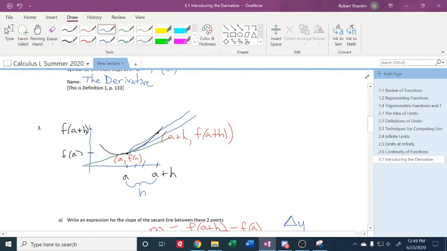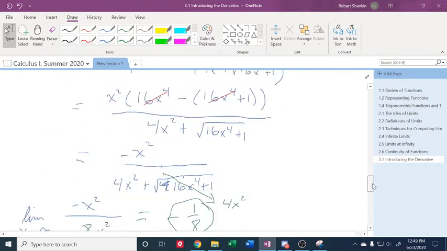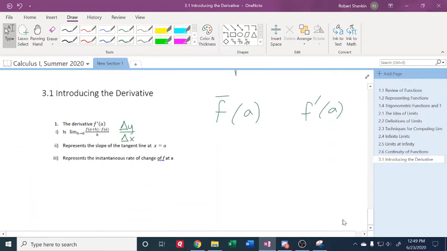That's a sequence, and the limit of the sequence is the slope of the green line. So that's its definition. This is a change in y, change in x. It's a slope, but it's the limit as h approaches 0 of all those slopes.